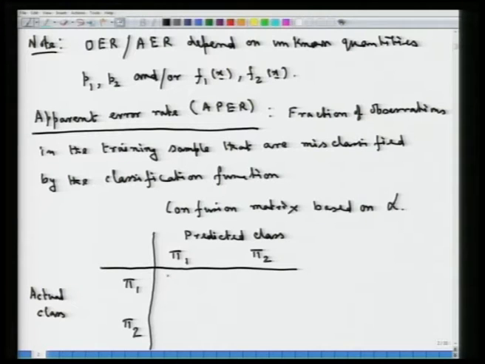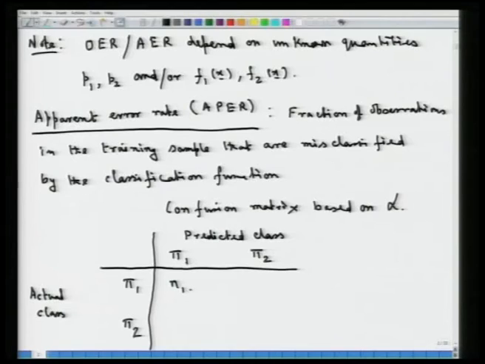Now, suppose in this learning sample these are pre-classified examples, and hence after we use the classification function based on the sample data, when we now classify the feature vectors, we are going to come up with some predicted class memberships. These predicted class memberships lead us to these numbers, say this is N1C, N1M.